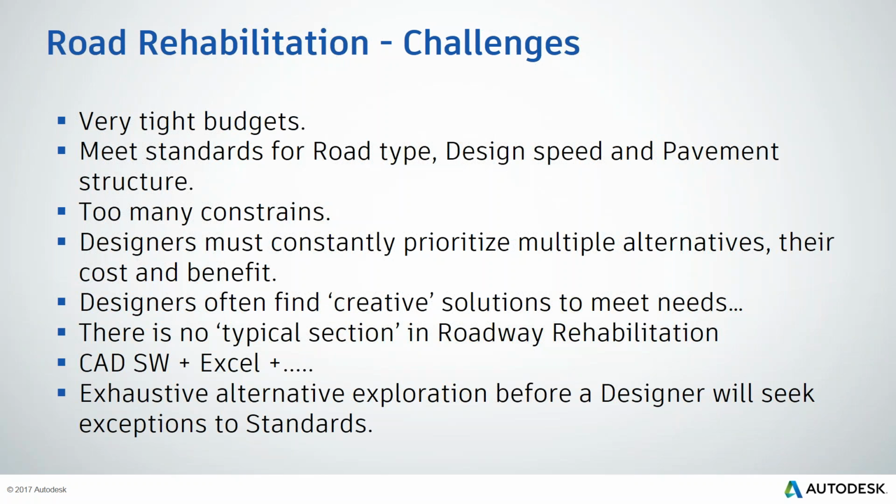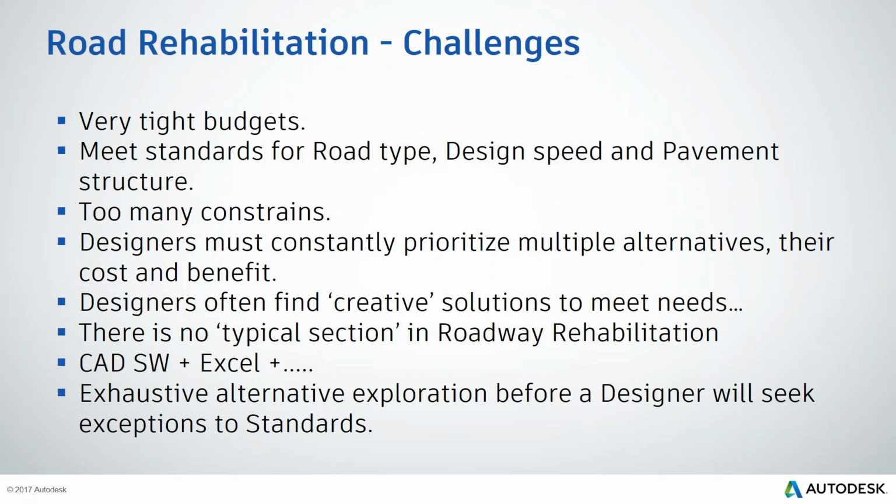As I mentioned already, very tight budgets; you have to meet standards for a defined road type, for design speed, pavement structures; and obviously you have too many constraints because you are already in existing conditions, on an existing road, and moreover it can be in a city, where there are even more constraints with underground utilities, etc. And then the designer must constantly prioritize multiple alternatives and consider the consequences of each alternative for the cost and the benefit of the design.